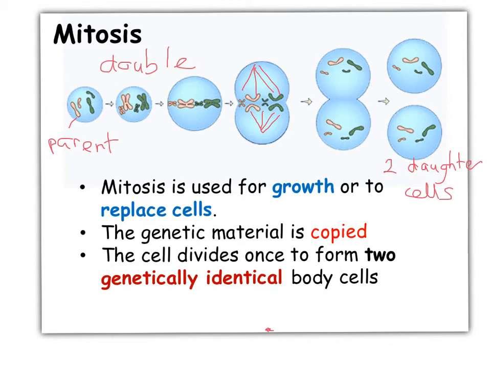chromosomes. So just a reminder, it's used for growth and repair of cells. The genetic material is copied. The cell divides once to form 2 genetically identical body cells. And this is how the embryo is created.